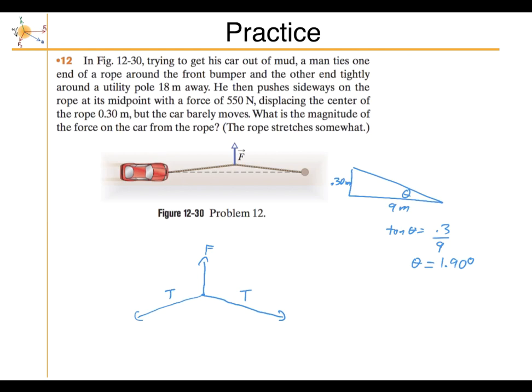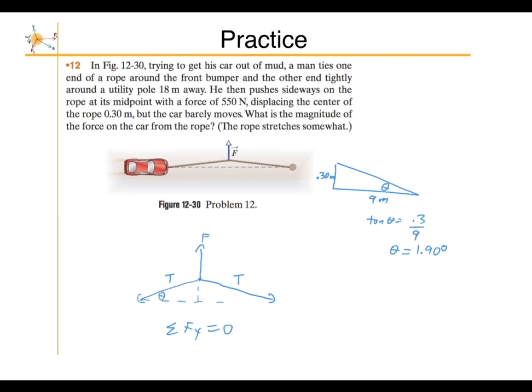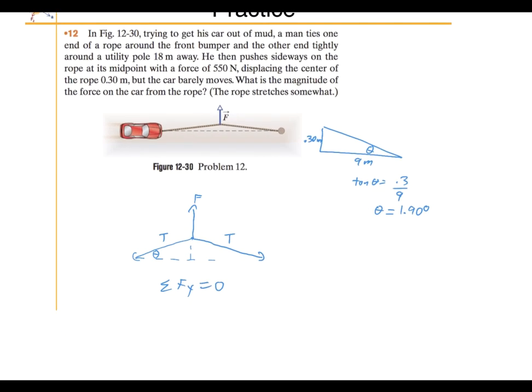So we have this angle here, theta, and we're trying to find the tension. So we can just say that the sum of the forces in the y direction equals 0. What are the forces in the y direction? Well, there's the force upwards, and remember that force he's applying is 550 newtons. And then there's the y component of the tension downwards due to one, and the y component of the tension due to the other one downwards, right? So that F is equal to basically 2 times Ty.